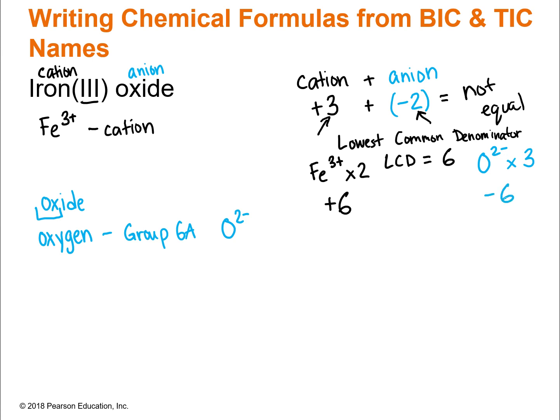So that gives you a total charge of -6. When we write this out, you're going to use those as your subscripts. So Fe2O3.